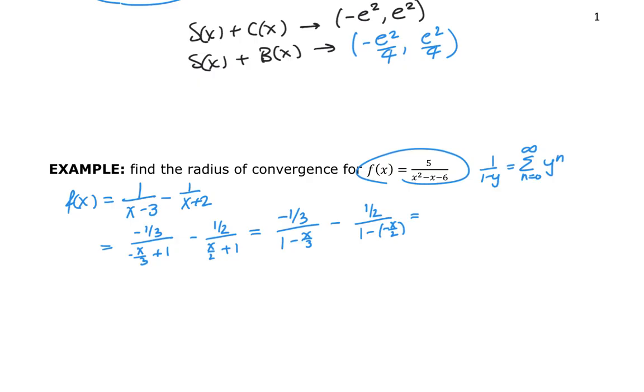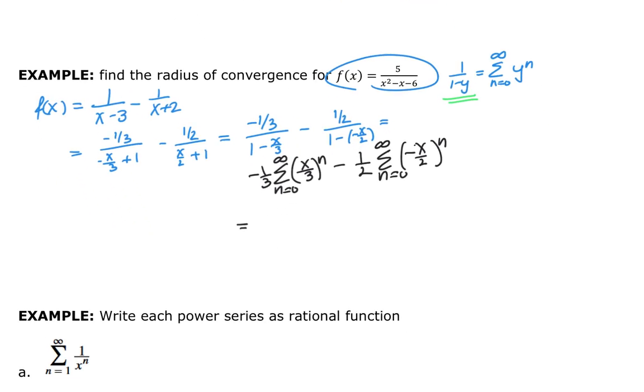Now, using this, I'm going to rewrite this as negative 1/3, the summation of n equals 0 to infinity of x over 3 raised to the n, minus 1/2, the summation of n equals 0 to infinity of negative x over 2 raised to the n.